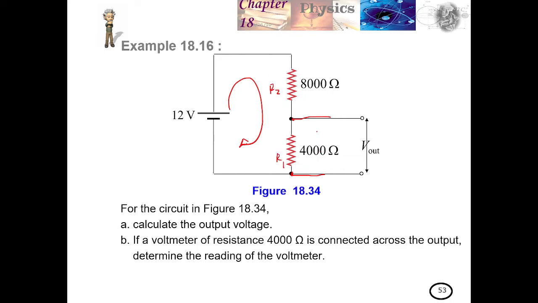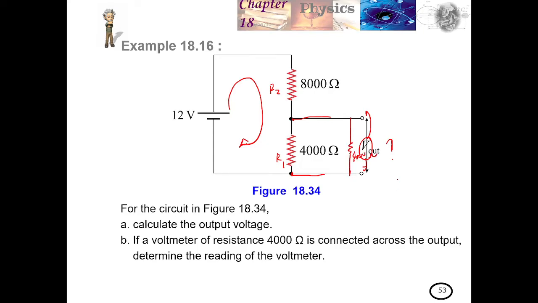For the circuit in figure 18.34, calculate the output voltage, so we want to find how much V is here. If a voltmeter with resistance 4000 ohm is connected across the output, determine the reading of the voltmeter. This voltmeter also has 4000 ohm.